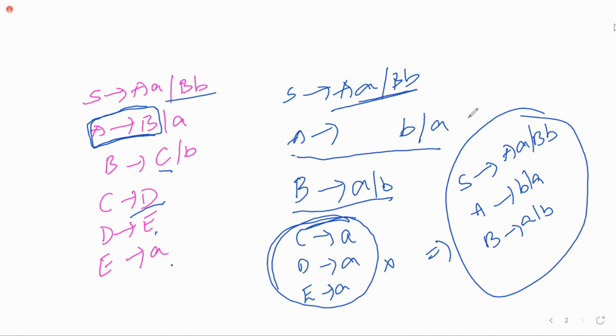Okay. Moving forward, I'll give one more problem to avoid the confusion. S tends to AB. A tends to B or a or epsilon.